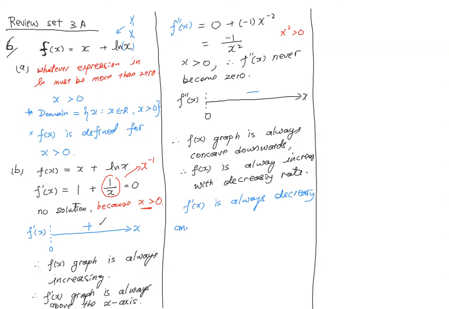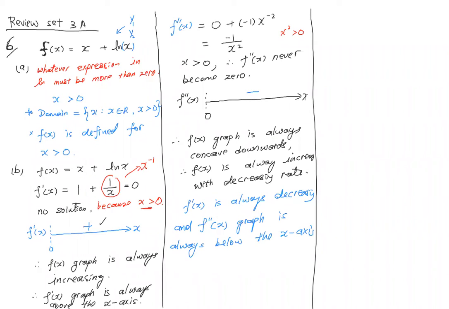And the f double prime x graph is always below the x-axis. See or not, students? So this one you can give all the geometrical interpretation. So when someone asks you, based on the side diagram, to give a geometrical interpretation, you can interpret about f prime x, you can interpret about f(x), depending on the situation.